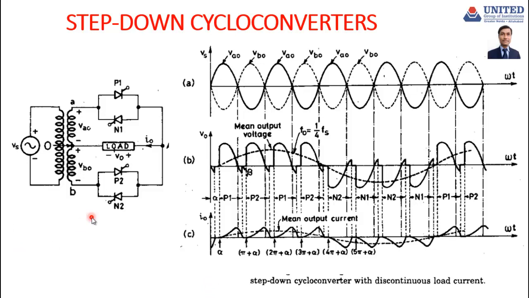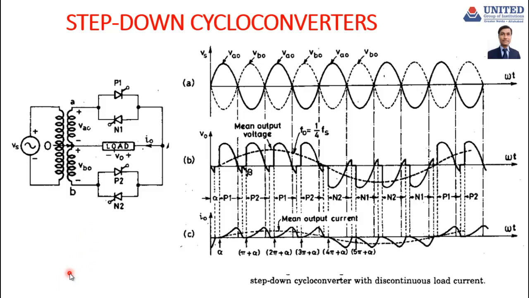One important thing is that this type of cycloconverter, the step down type, does not require force commutation. These converters need only line or natural commutation, which is provided by the AC supply, whether it is the midpoint configuration or the bridge type configuration.